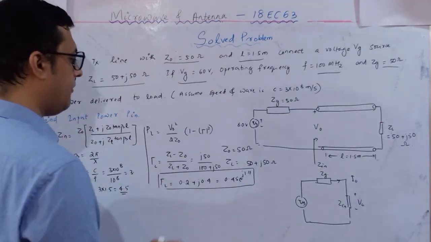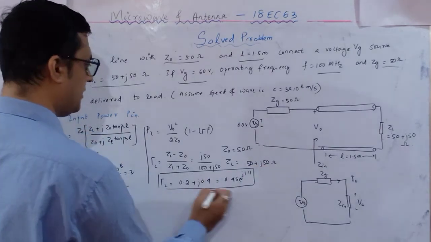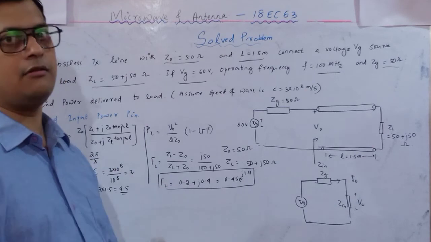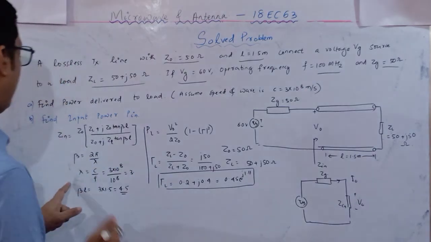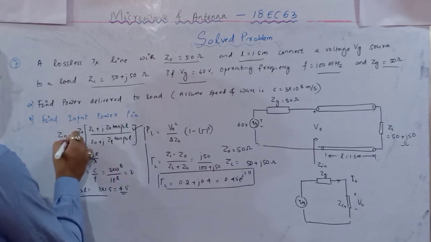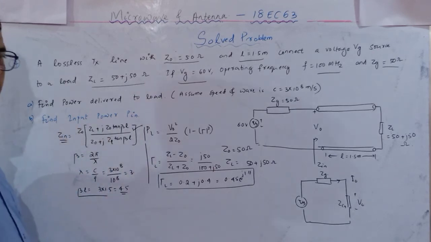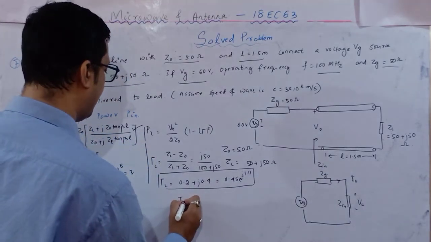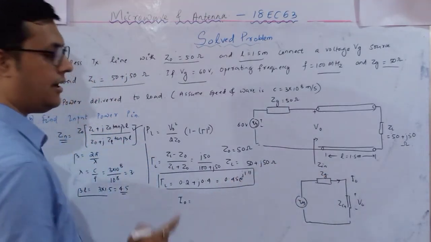Now once Zin is known, I will just discuss the next steps. You people just calculate it. After determination of beta L, substitute in this, you will get your input impedance. Now with the help of this relation, I can determine the input current I naught.